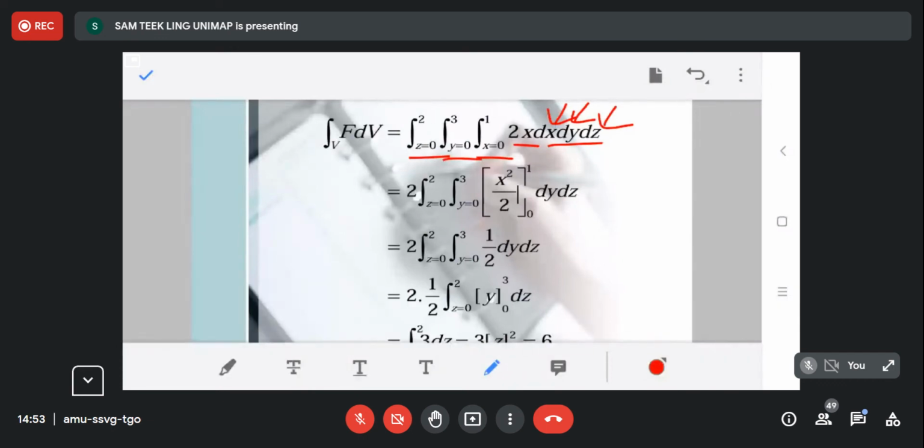So this one is a cubic. From your question, you already got the limits. Sometimes they give you this form.